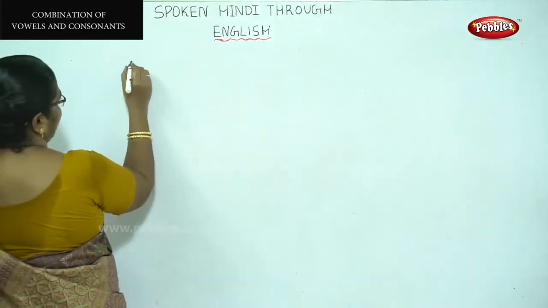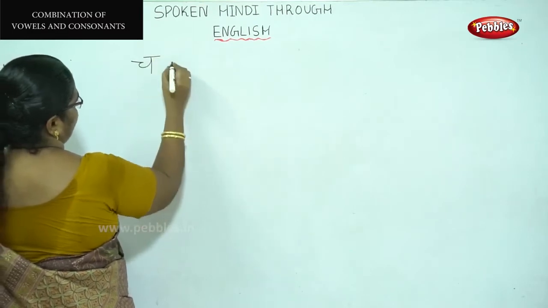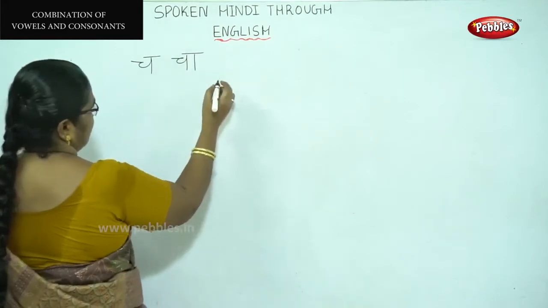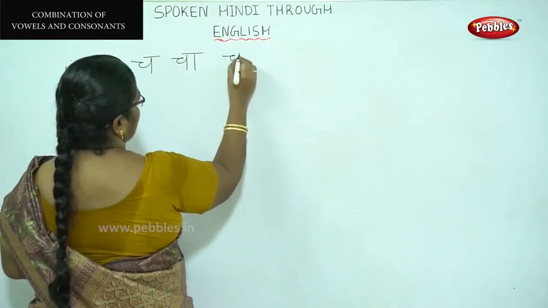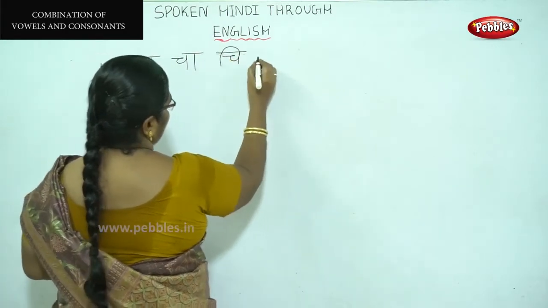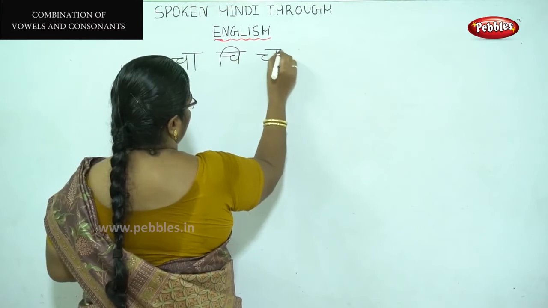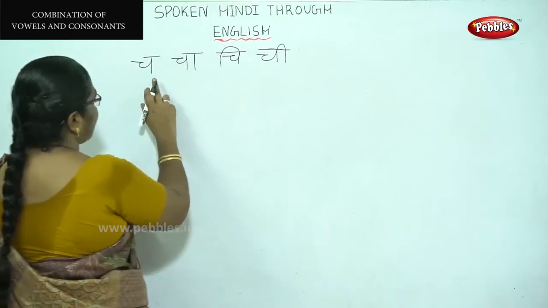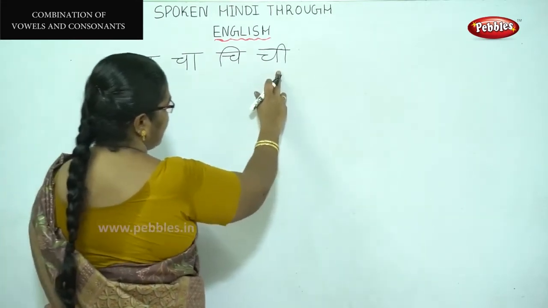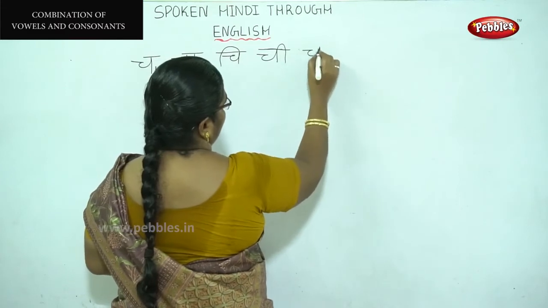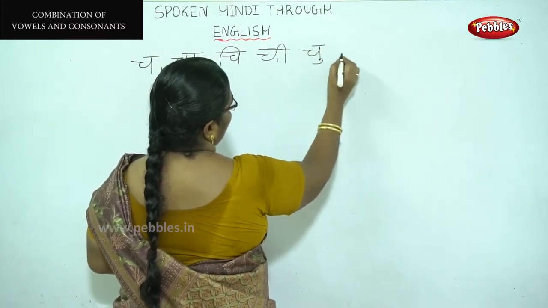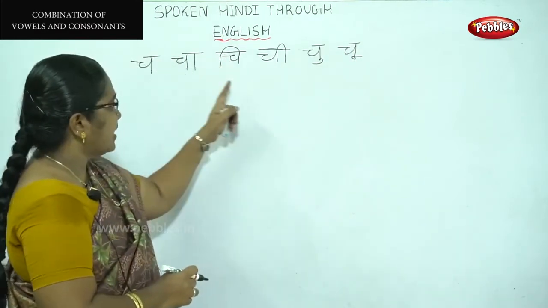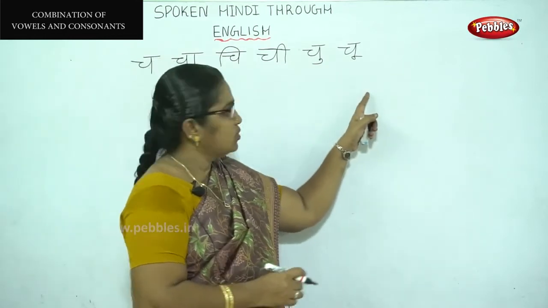See, the first one is cha, cha. The next one is chi, chi. This is chu, chu.